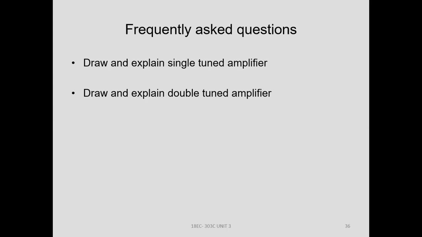With low Q, the gain will be maximum at two points, that means above the resonant frequency and below the resonant frequency. And the gain is minimum at the resonant frequency in tight coupling. This is about the frequency response of the double tune amplifier.